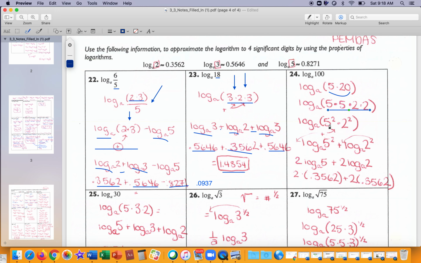So then we can look at this, and instead of writing log base A of 5 plus log base A of 5 plus log base A of 2 plus log base A of 2, you could do that and then just add these values, right? Add that twice. Or if you write 5 squared and 2 squared, right? Because we have 2 5s and we have 2 2s. We can do this and make it a little shorter. So we know that multiplication goes with addition.